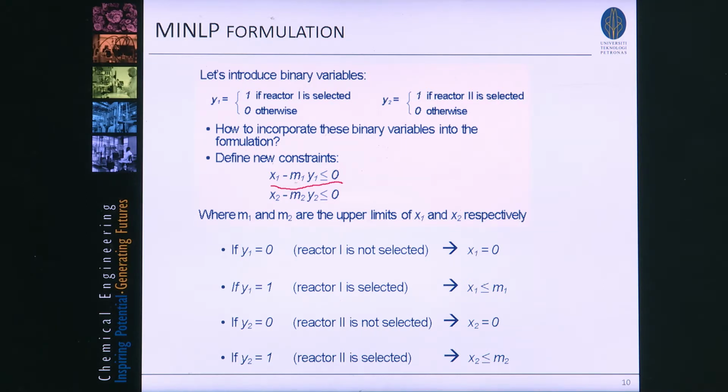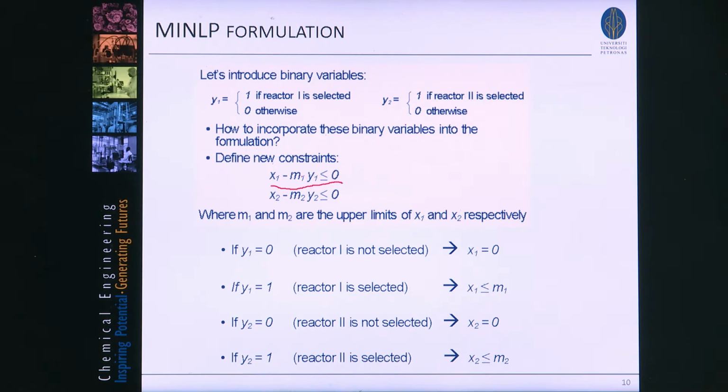So the highest applicable value of x1 gives a negative result when we subtract M1 y1.